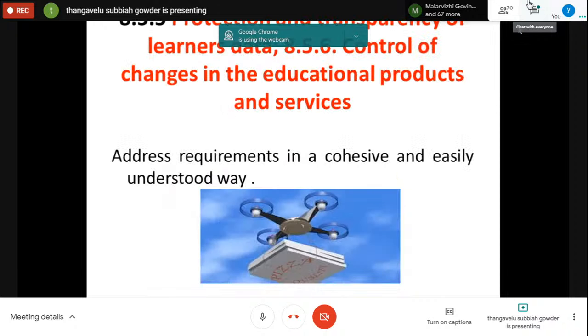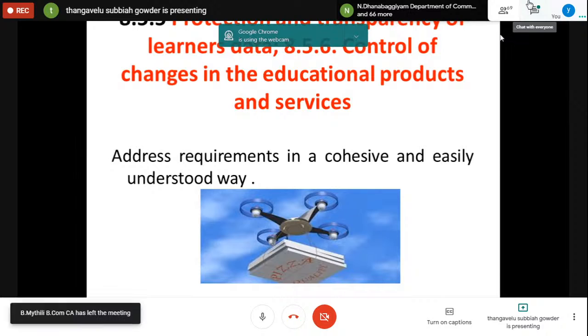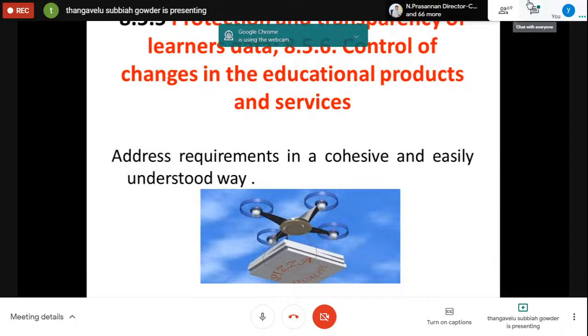And this is in learners' data. Learners' data means admission to discharge, admission to passing out, their personal data, information security management, and any changes you are making. Suppose now, instead of direct mode, you have changed to remote mode of education.